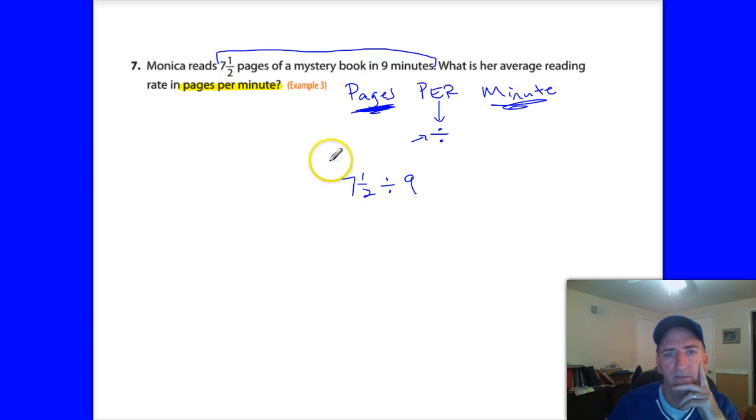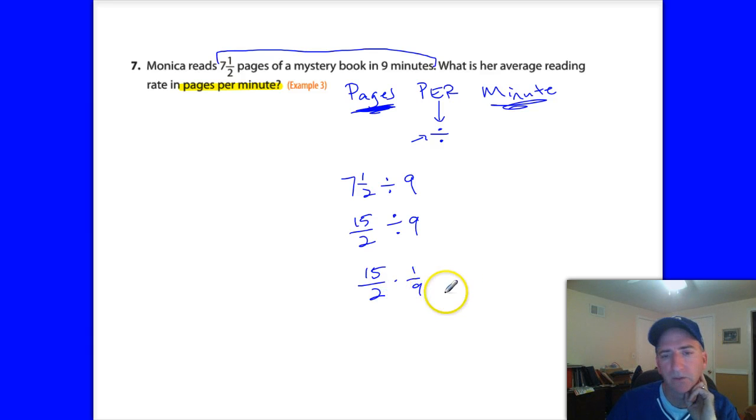minute. So if you think back to chapter 3, recall that to divide this, we have to change this to an improper fraction first. 7 times 2 plus 1 is 15, divided by 9. And now to divide that, you have to do keep, change. 1 over 9. Now, what you have to do now is look for that common factor, which is 3.